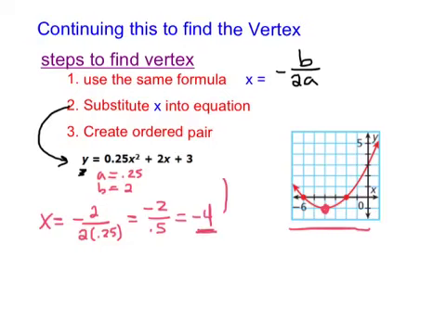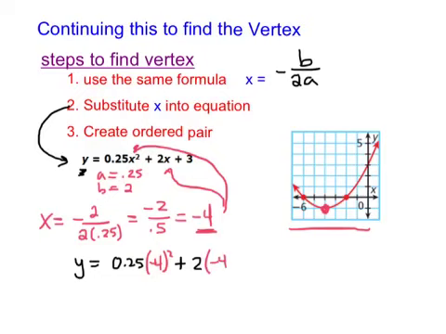We plug that back into our original equation, everywhere we see x, and we get y equals 0.25 times negative 4 squared, plus 2 times negative 4, plus 3.